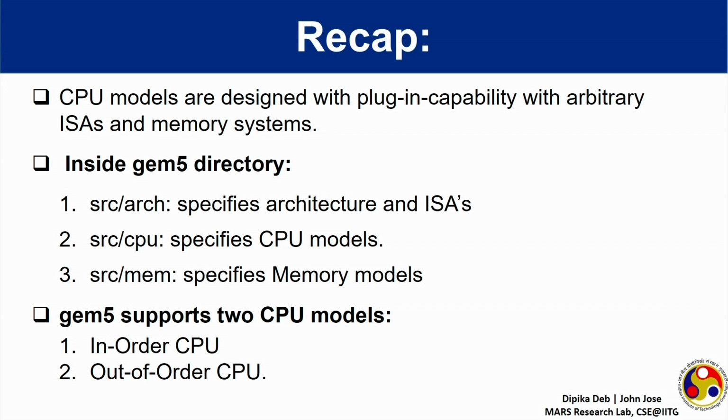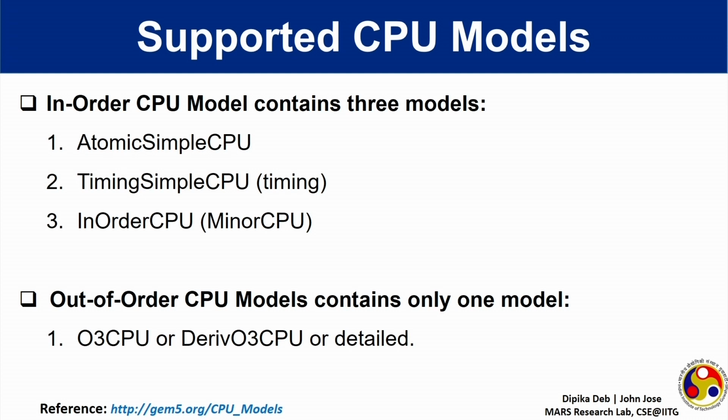As a broader category of CPU models, gem5 supports two such models, in-order CPU and out-of-order CPU. Now, I will go into details of the CPU models supported in gem5. The in-order CPU model contains three submodels, that is atomic simple CPU, timing simple CPU, or timing, and the next one is the in-order CPU.